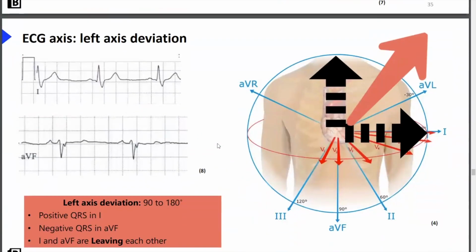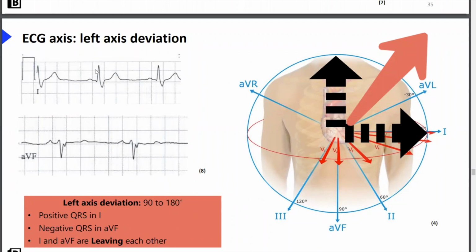Left axis deviation. Okay. Hopefully we'll be done in the next sort of 15 minutes. Lead 1, is this positive or negative? It's positive. So is current flowing to or away from lead 1? Towards, yeah? It's positive.